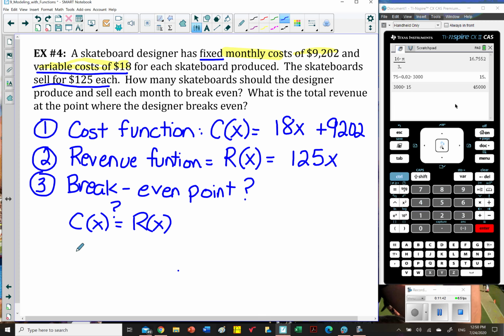When are they the same? When is 18X plus 9202 equal to 125X? So subtracting 18 from 125 and dividing by 107.